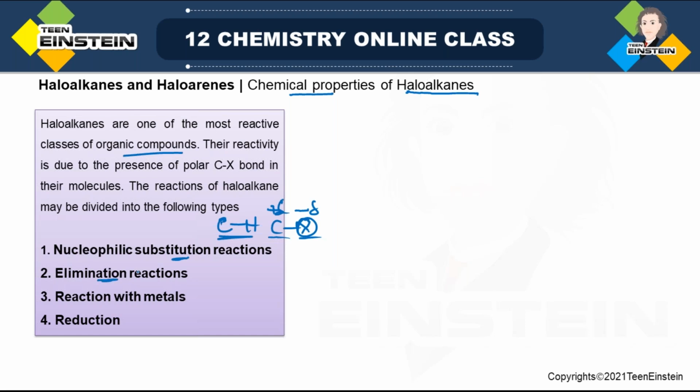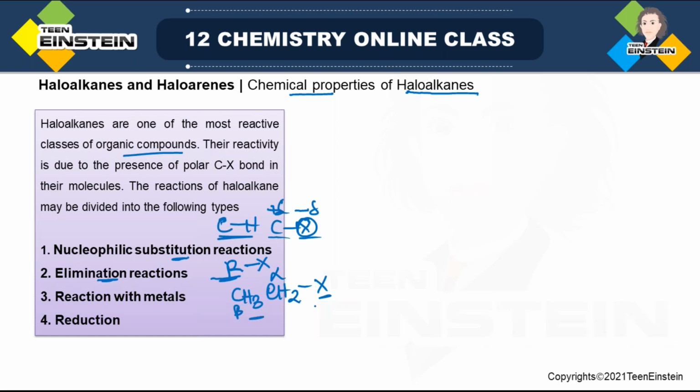Then the next important reaction is elimination reaction. That means if we consider any R-X, in the R part there is also hydrogen. Simply suppose I am writing CH3CH2X. This is the alpha position. With respect to X, this is the beta position.